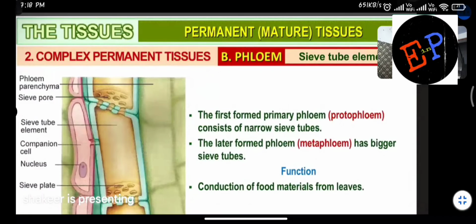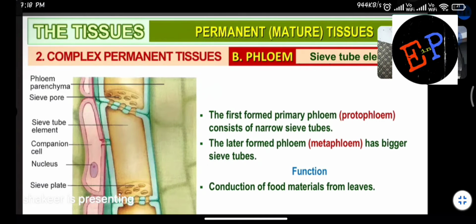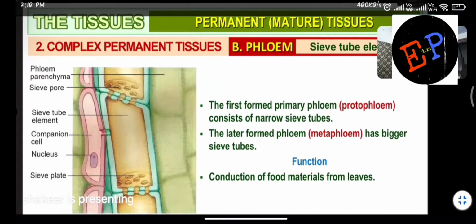Next, see. The first formed primary phloem, which is called protophloem, consists of narrow sieve tubes. Narrow sieve tubes you will find only in the protophloem. The later formed phloem, which is called metaphloem, has bigger sieve tubes.